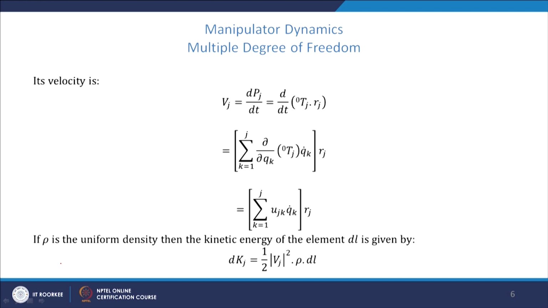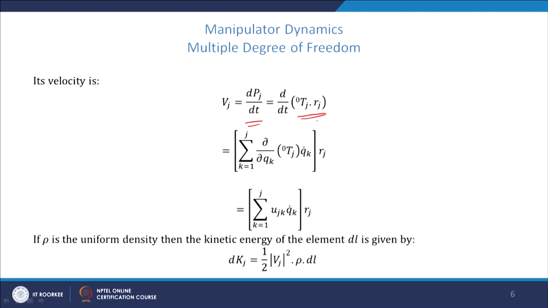Now, the velocity of the same point means we have to differentiate the vector Pj with respect to time. So, d by dt of 0Tj into Rj. We always keep in mind that Rj is a fixed vector quantity and 0Tj is a function of q1, q2 up to qj.